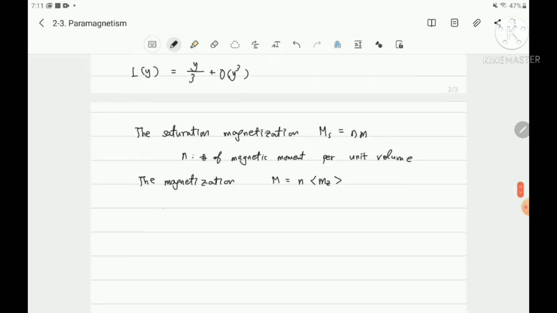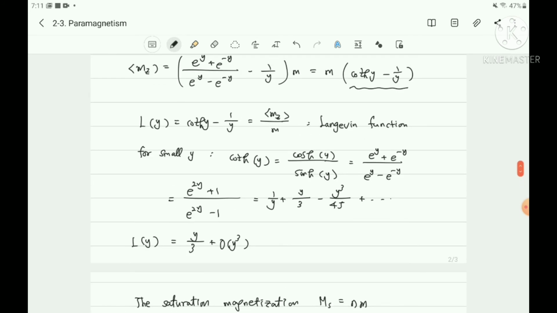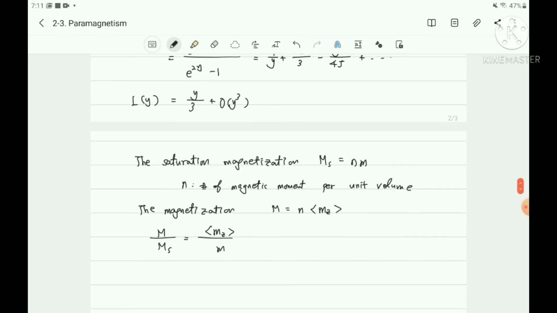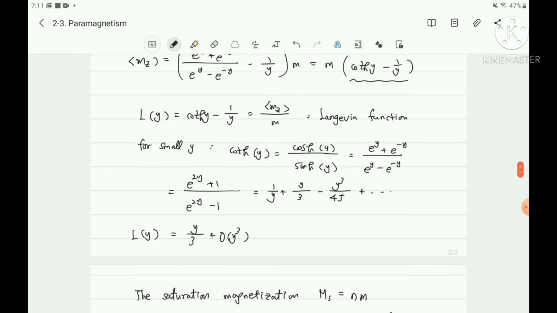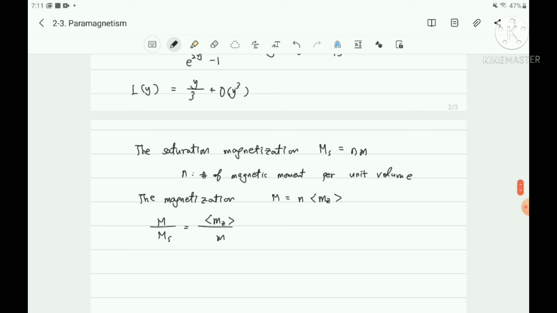Therefore, the magnetization divided by the saturation magnetization is mg over m. The expectation value of mg is m times the Langevin function. Then mg over m, the Langevin function, is of order y over 3 for small y.